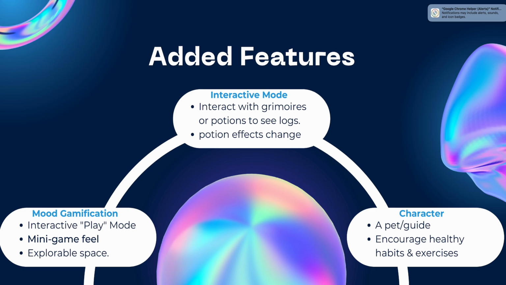Or you can open a grimoire and see the different colored text showing how much you were feeling angry or happy or sad. It would give you a unique potion bottle or book that signifies that day. That's cool. I love it.